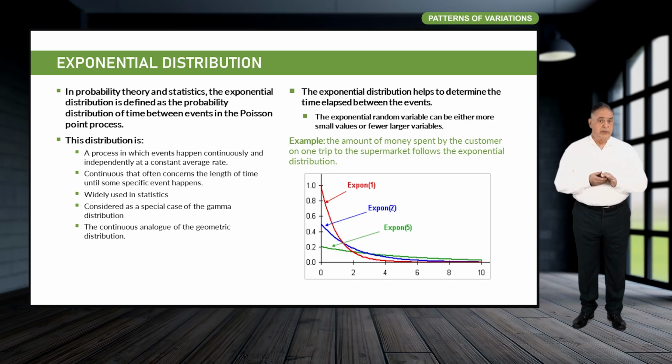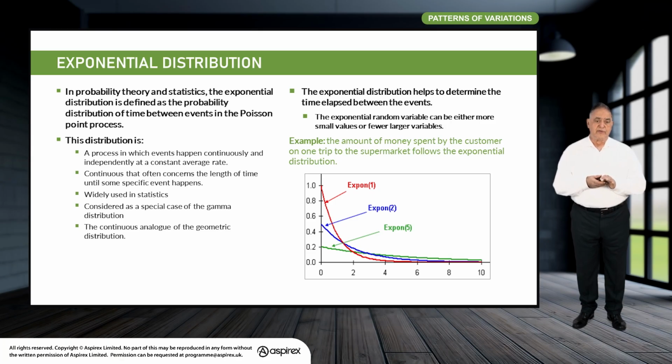It is widely used in statistics as well as in Lean Six Sigma projects and other fields of science. It is considered a special case of the gamma distribution and the continuous analog of the geometric distribution.